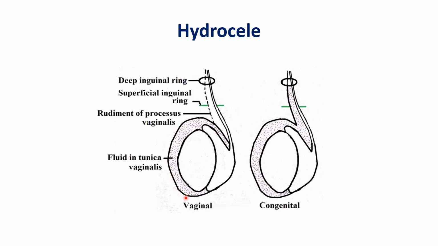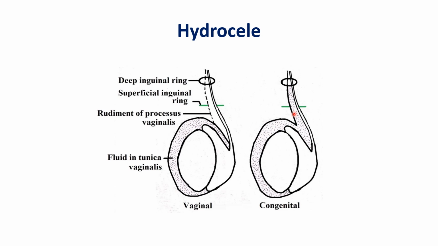Now, it is of different types: vaginal hydrocele, which we have just described, where the fluid is restricted to the tunica vaginalis cavity. Congenital hydrocele, here the opening is there so that the fluid can enter into the peritoneal cavity. So the communication with the peritoneal cavity is there.